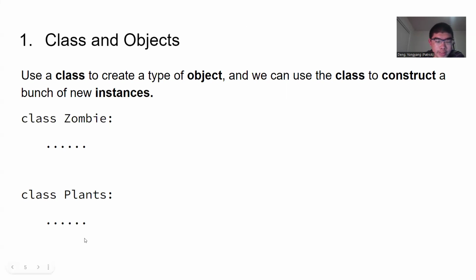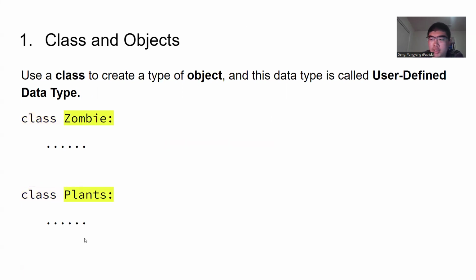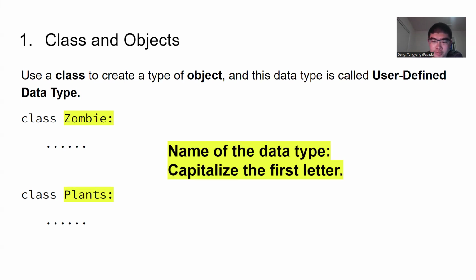To implement that, you have the class keyword, and you also have the name of the type of object, which is usually, in the game, Zombie or maybe Plant. We capitalize the first letter so that it will not confuse the computer. And also we have a colon. When we create this, it is not creating a single object. It is creating a kind of object.